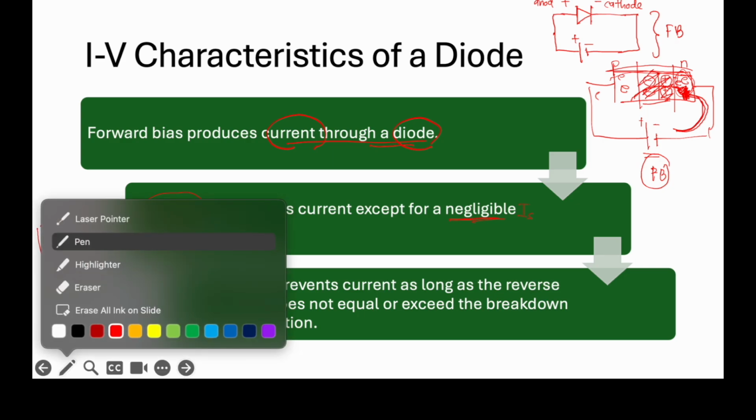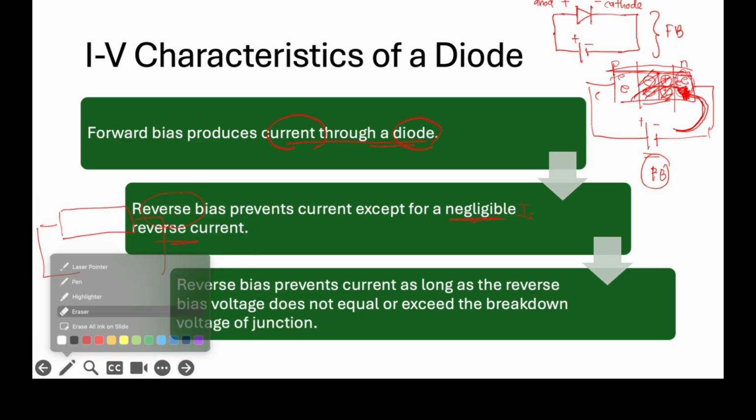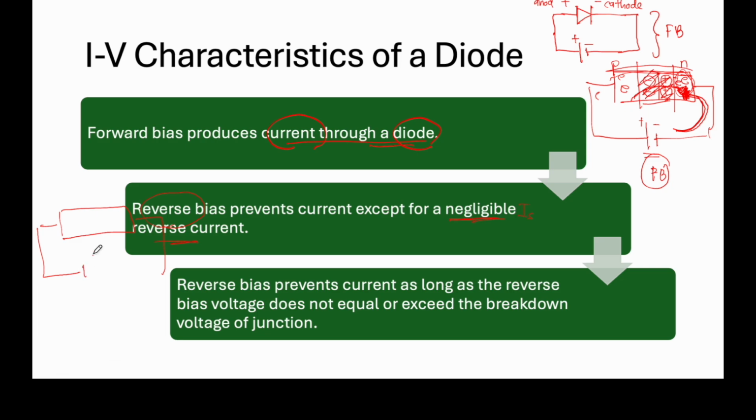Sorry, this is supposed to be the negative terminal, and this is the positive terminal, and this is the N region, and this is the P region, with the positive layer and the negative layer. So the P region is connected to the negative of the terminal, and the N region is connected to the positive of the terminal.